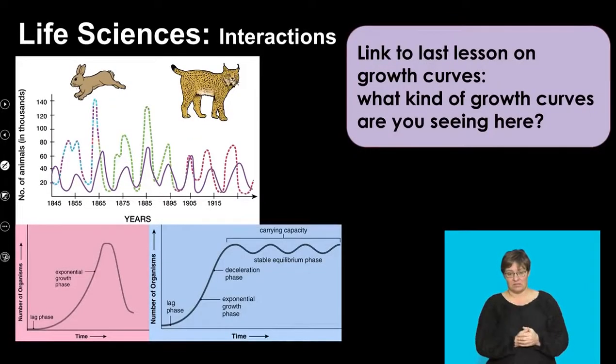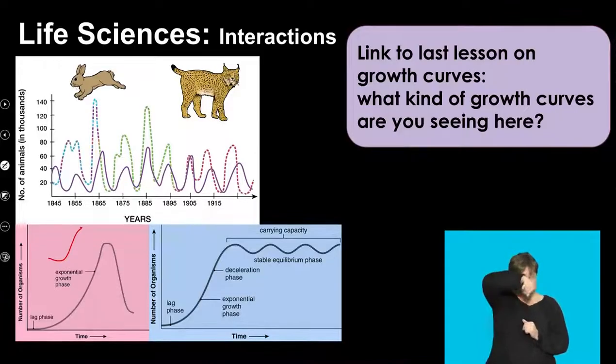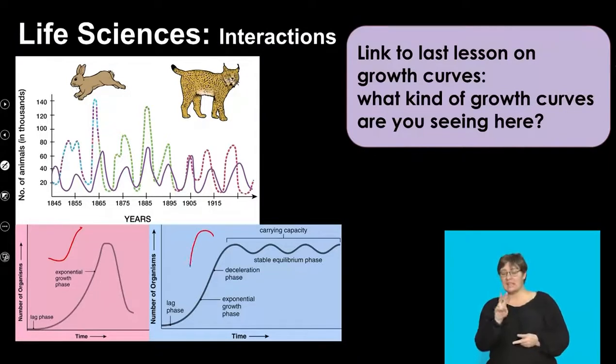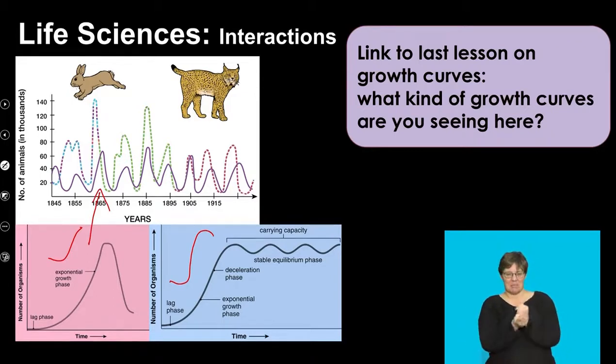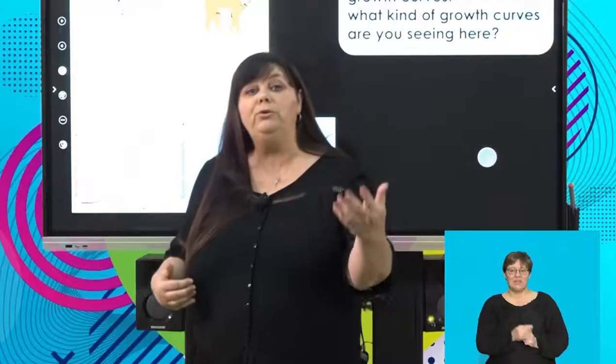If we link to our lesson on growth curves, are we seeing the J-shaped exponential, or an S-shape? Well, we're clearly seeing repeated J-shaped graphs going on here. We're seeing what we call boom and busts.